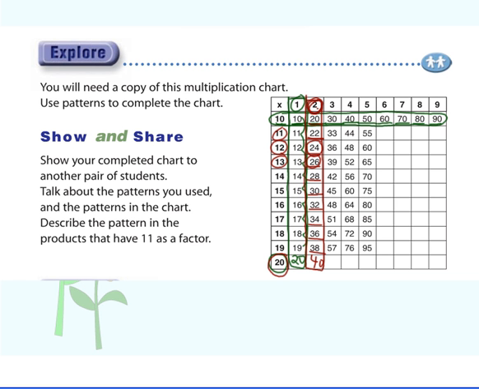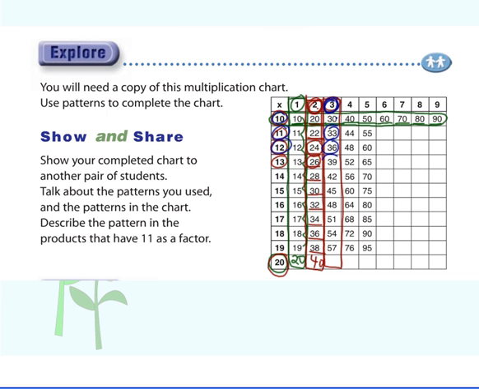So let's go on to the next column, and this is by multiplying by 3. So 3 times 10 is 30. 3 times 11 is 33. 3 times 12 is 36. Notice we're going up by 3 each time.